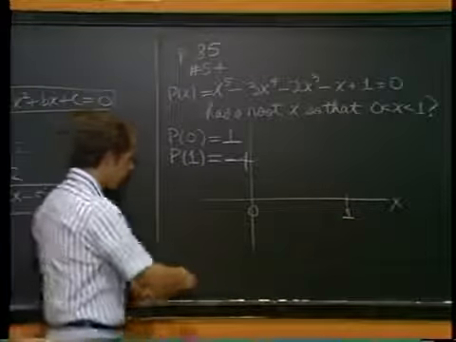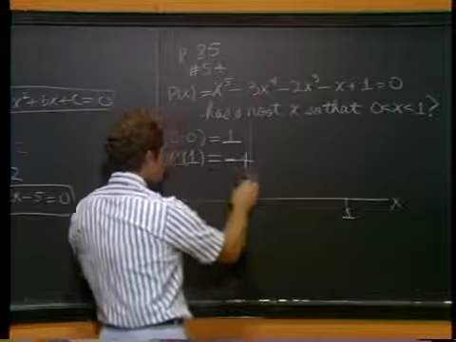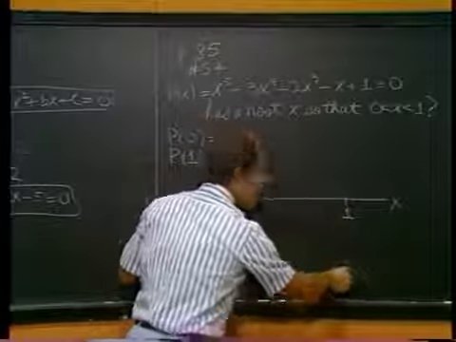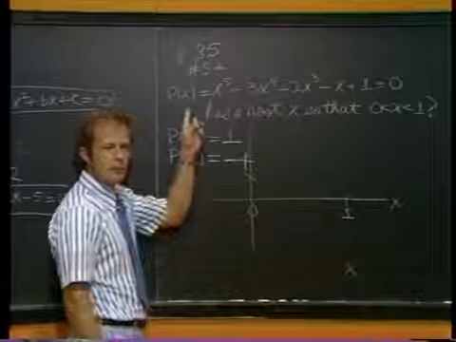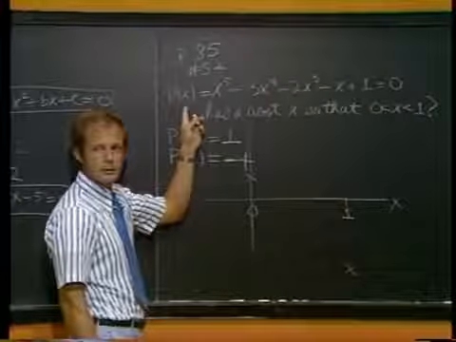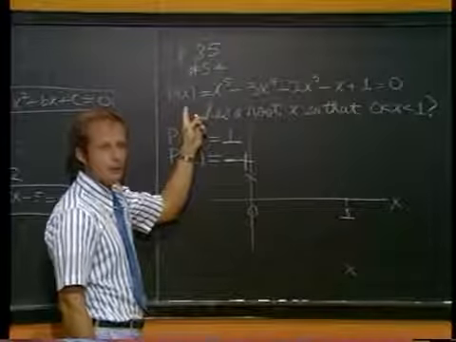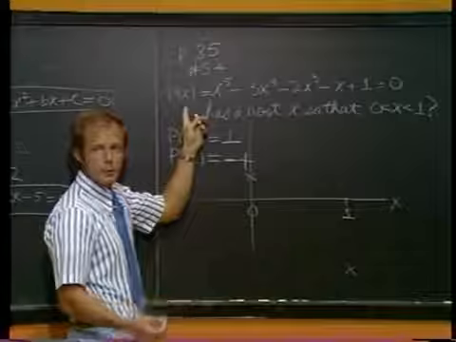And the reason I'm interested in that is that says here is p at 0, here is p at 1, and what's true about polynomials, among other things? They're continuous, they're smooth. It means there are no gaps, no jumps, no bad wiggles.